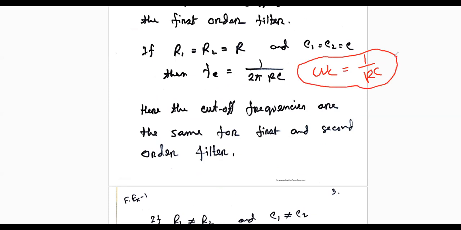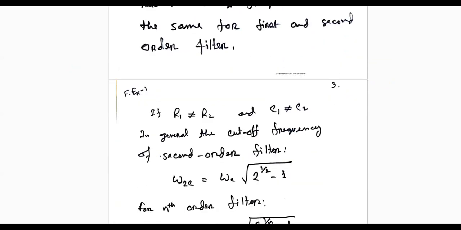Only if both first order filters have the same resistance and capacitance do you not get any shifting of the cutoff frequency. The cutoff frequency is then the same for the first and second order filter. Only if you choose R1 equals R2 equals R and C1 equals C2 equals C will the cutoff frequency remain fixed.